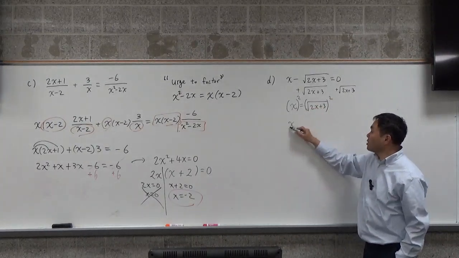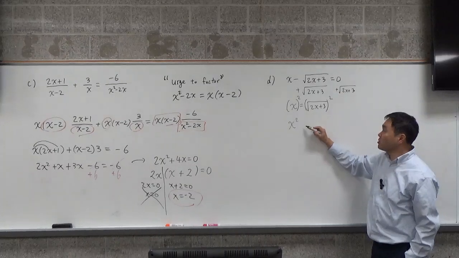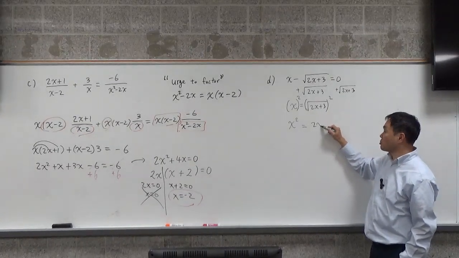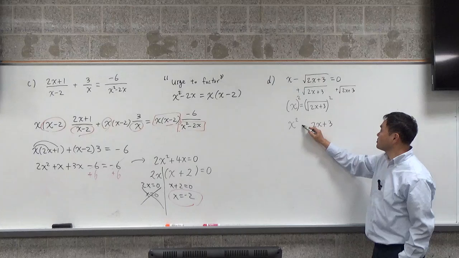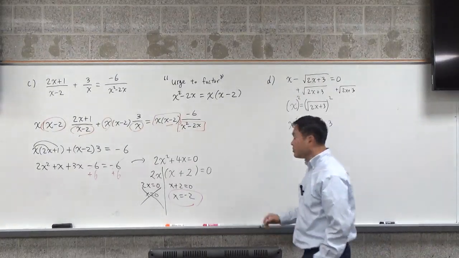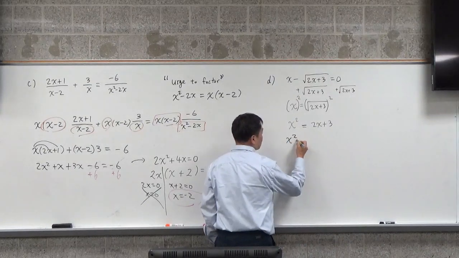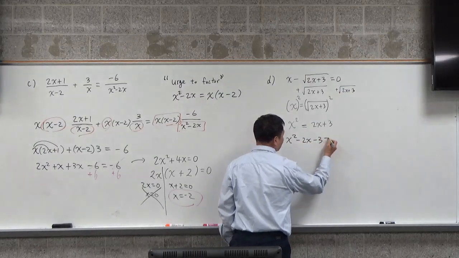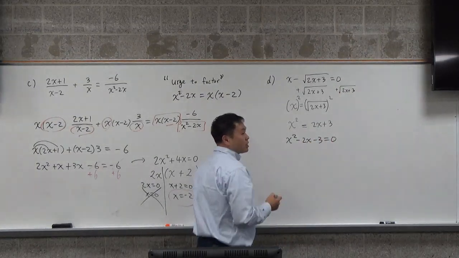X squared is x squared. The square of the square root is gone, and you just have 2x plus 3. Subtract 2x and 3, so x squared minus 2x minus 3 equals 0. Can you factor this?